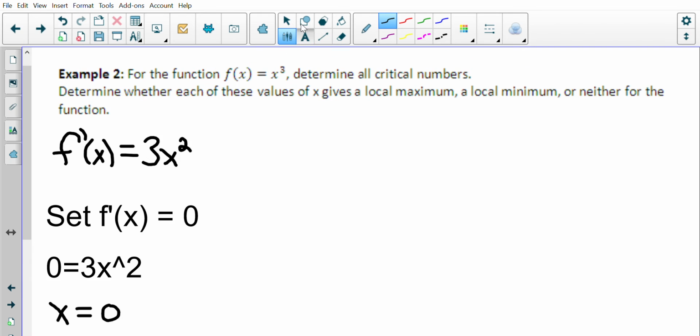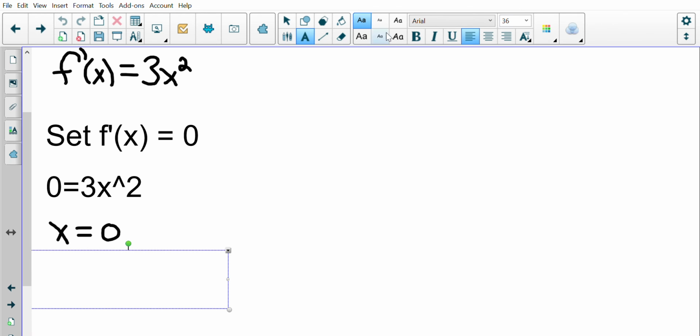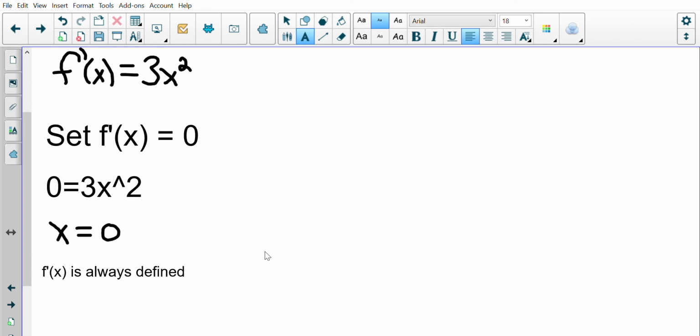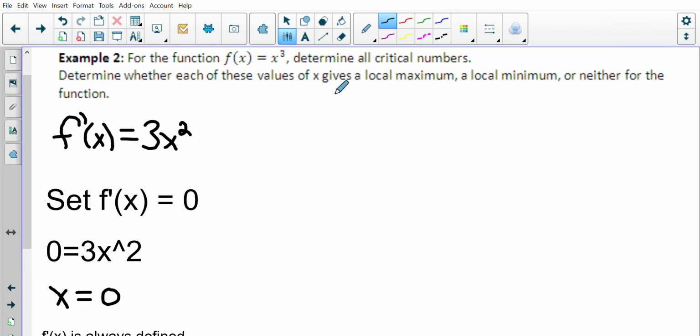So there's our one critical number. Then I look to see, is my derivative undefined? Nope. Our derivative is always defined. So we get no critical numbers from there. Now I'm going to make my chart like I did before. I've only got one number to worry about here, and that's x equals 0.